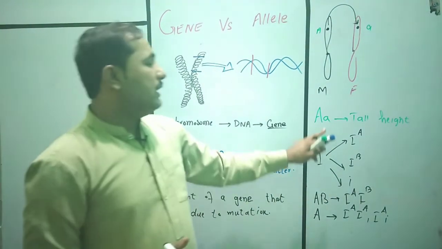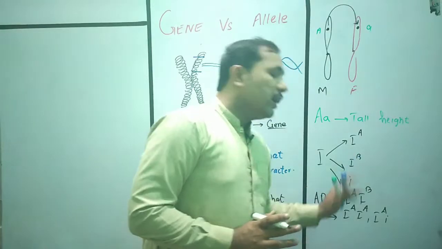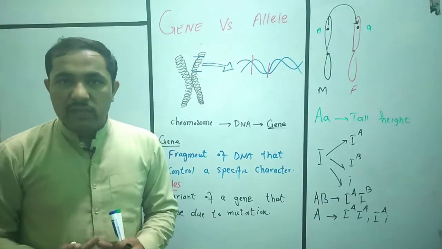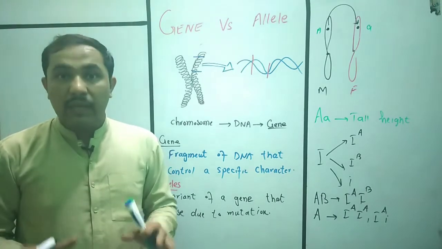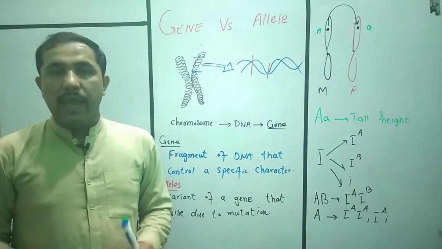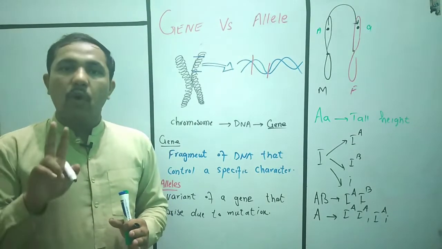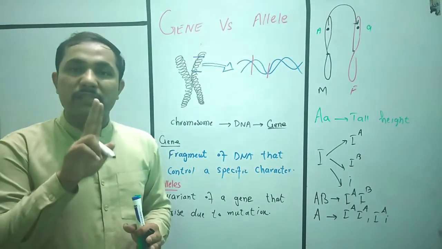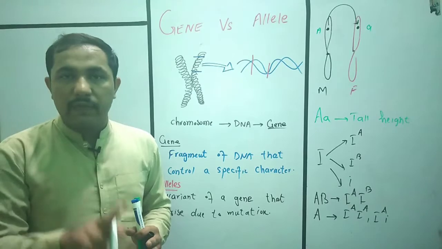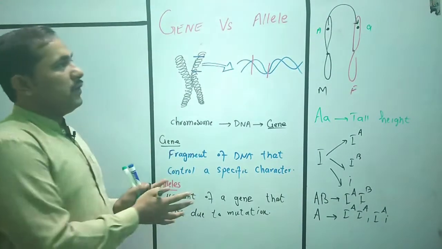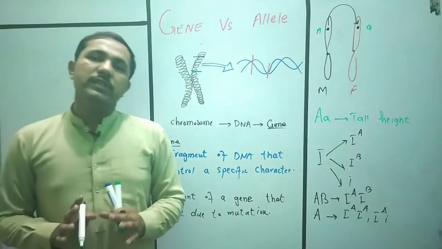That's why alleles are actually the forms of a gene that arise due to mutations in a population. And if we study these alleles, at a time only 2 alleles for a specific character are present in a specific individual. So this is the brief comparison between gene and allele.